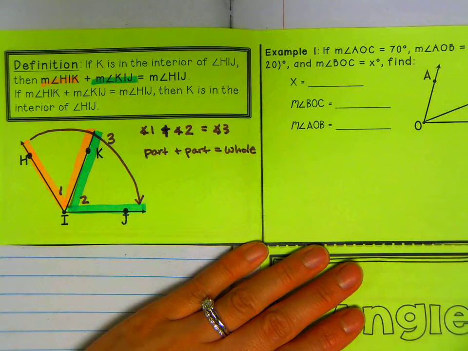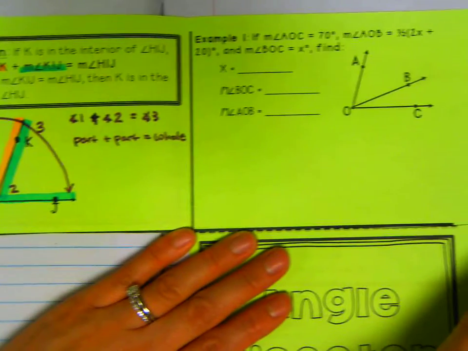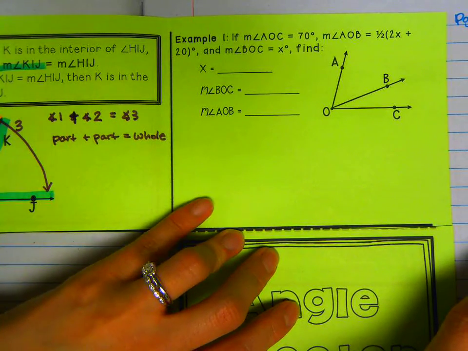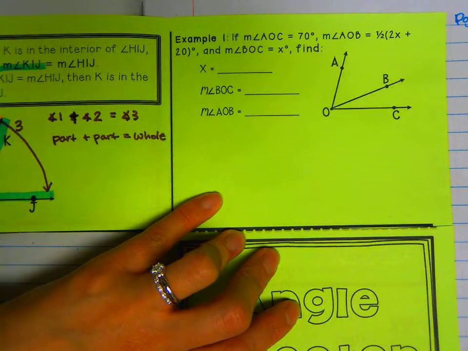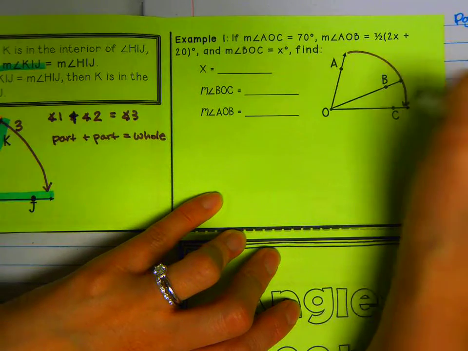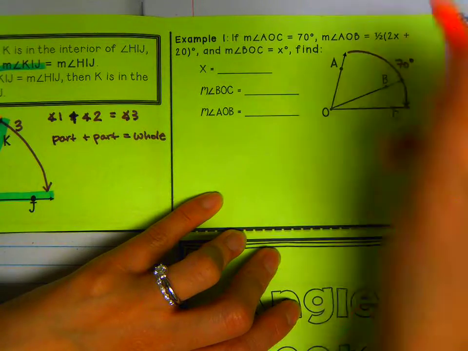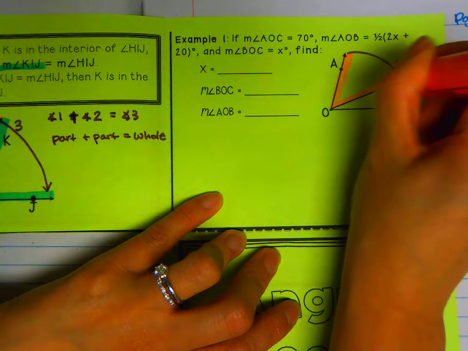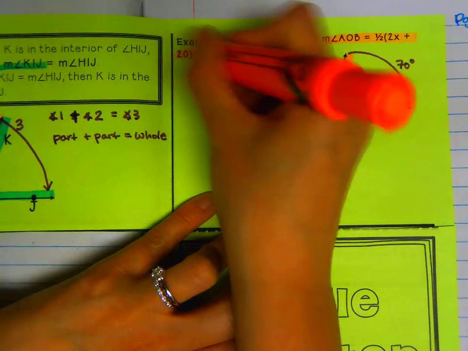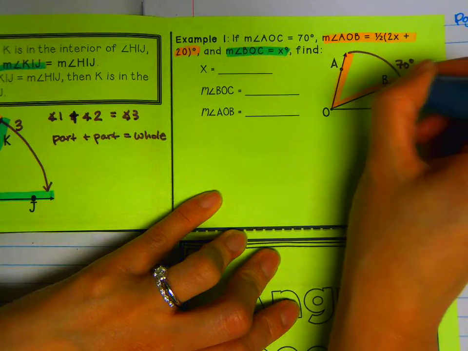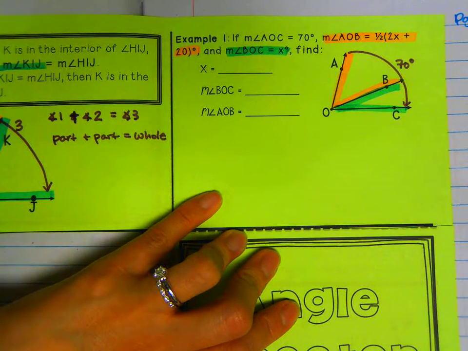I'm going to demonstrate one of the examples of how we can apply this postulate. We call this the angle addition postulate. If the measure of angle AOC is 70, so we know the total angle measure is 70, and angle AOB is this, I'm going to highlight it, and angle BOC is x. I'm going to label it.